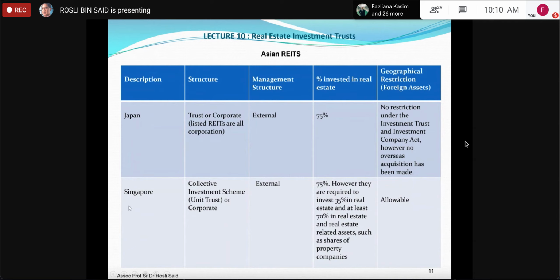Singapore also has REITs. In terms of requirements, 75% must be invested in real estate, and the same for Singapore, 75% must be invested in real estate. In terms of geographical restriction, there is no restriction for Japanese companies, meaning they can also operate overseas. Singapore can also operate overseas. It is allowable.